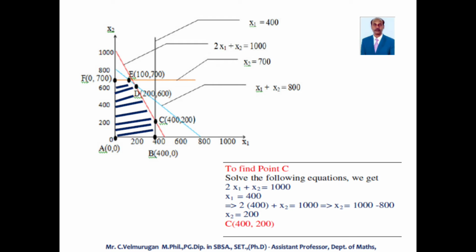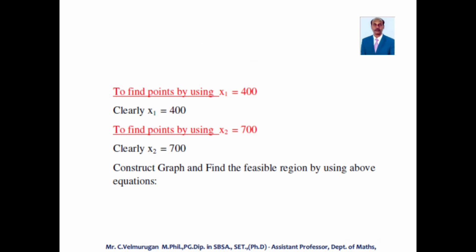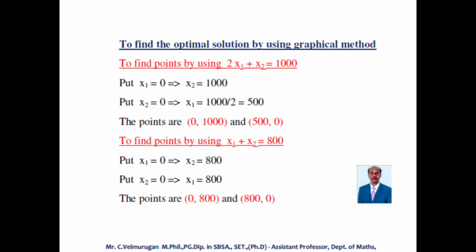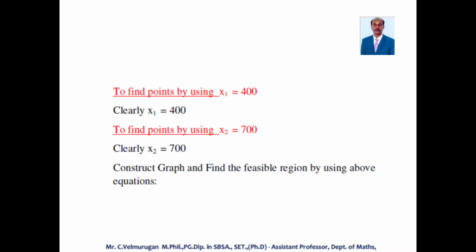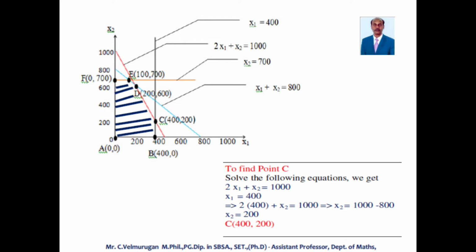Suppose we consider the first constraint 2x1 plus x2 less than or equal to 1000, we get 2 points. What are the 2 points? One is 0, 1000, another one is 500, 0. So here 0, 1000 will be considered in x2 and 500, 0 will be considered in x1.